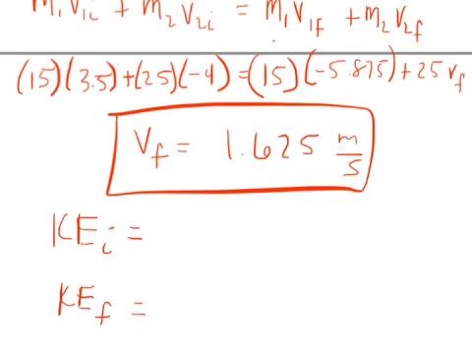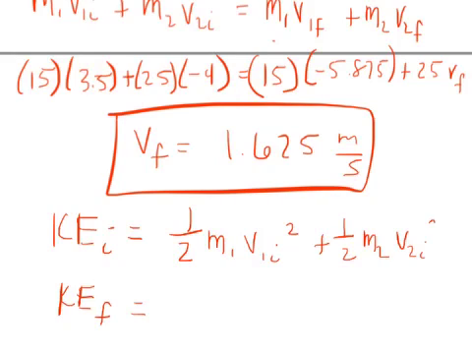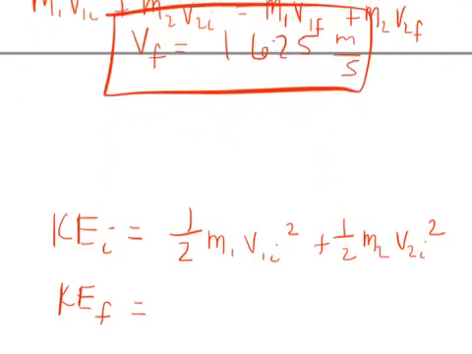Now, how do I calculate them? Well, you think about what's going on beforehand. Both objects are moving. So I have 1/2 m1 v1i squared plus 1/2 m2 v2i squared. That's the kinetic energy beforehand. Well, let's figure out the kinetic energy afterward now.